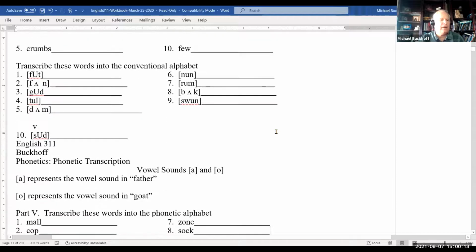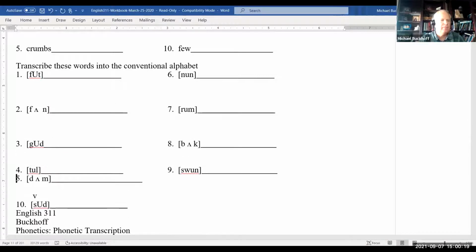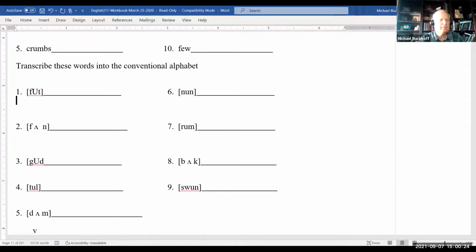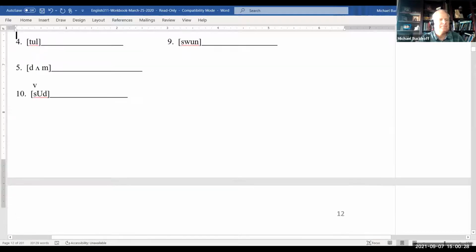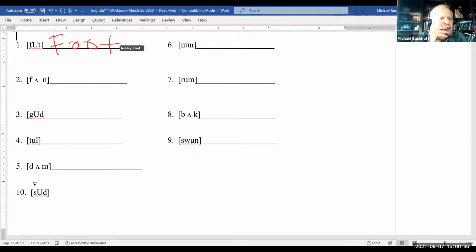Okay, let's try these out. Let me give you a little more space here to work. Okay, there we go. Let's see how we can do on those. So these are already transcribed. Good. Nice. 2 people did it at the same time. Number 1.